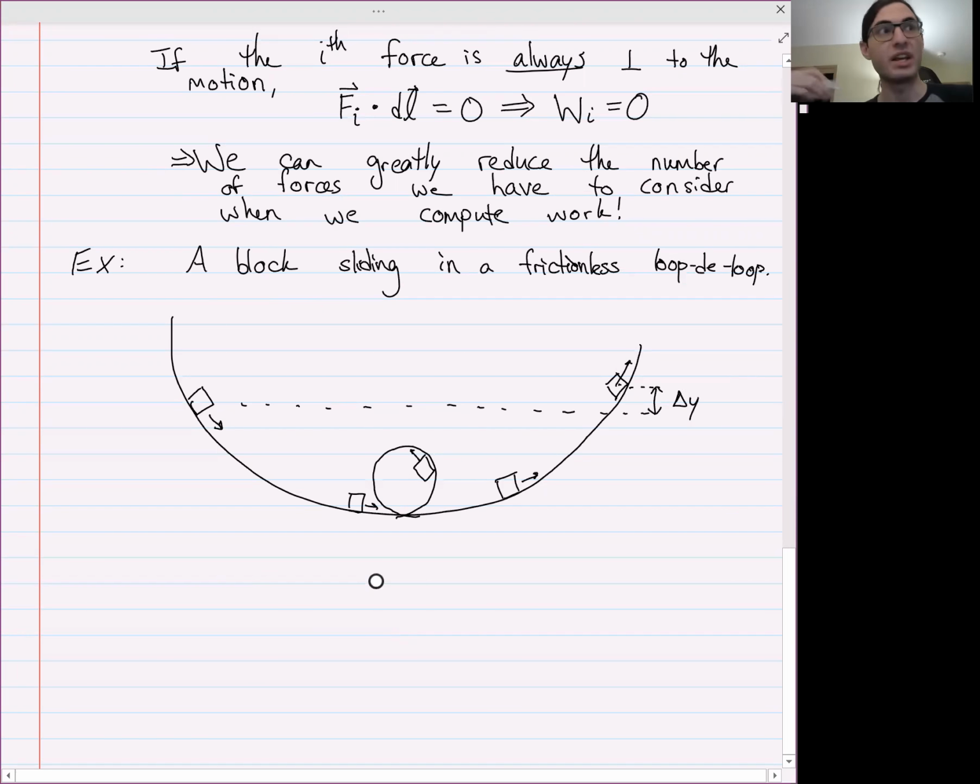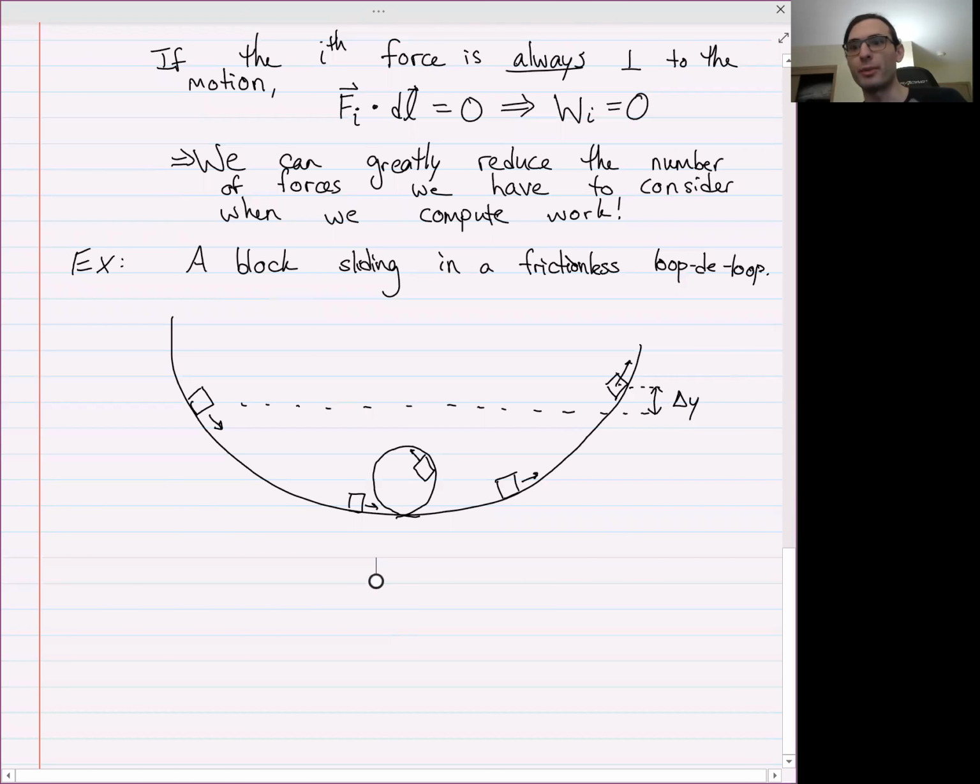Both its magnitude and direction are constantly changing, because the magnitude of the gravitational force perpendicular to the surface is also constantly changing because the angle is changing.